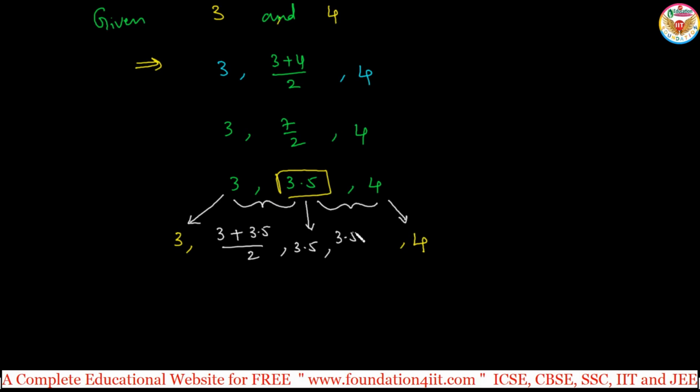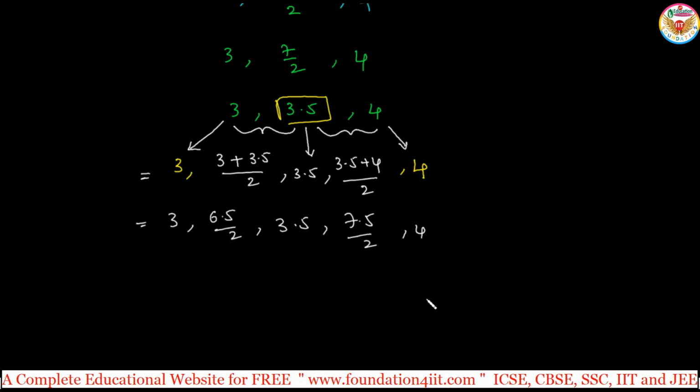That is 3.5 plus 4 divided by 2. Between whichever two numbers you want, just add both and divide by 2. Now we simplify: 3 plus 3.5 is 6.5 by 2, and 3.5 plus 4 is 7.5 by 2, and 4. If we simplify we get everything in decimal form.